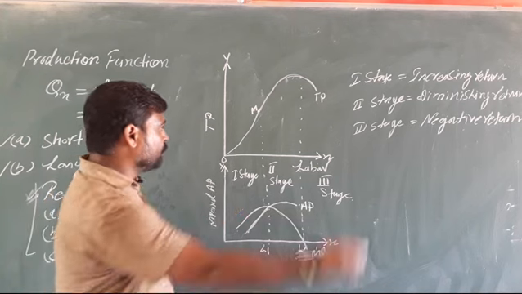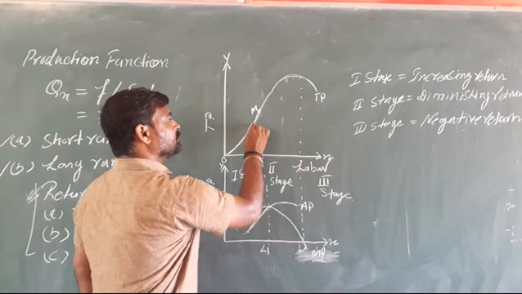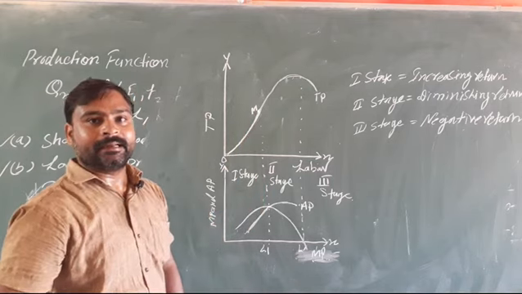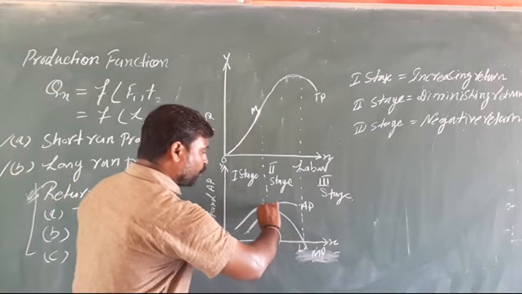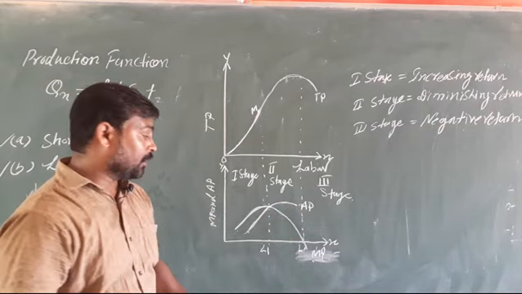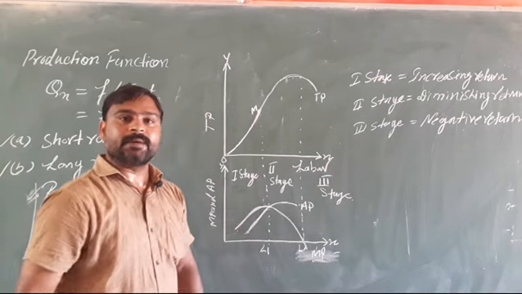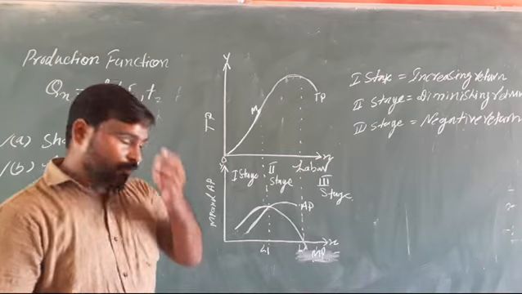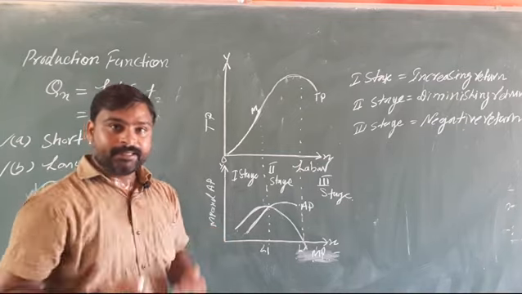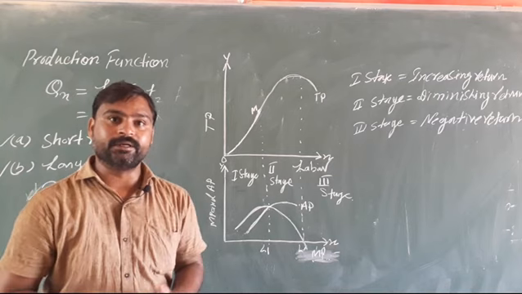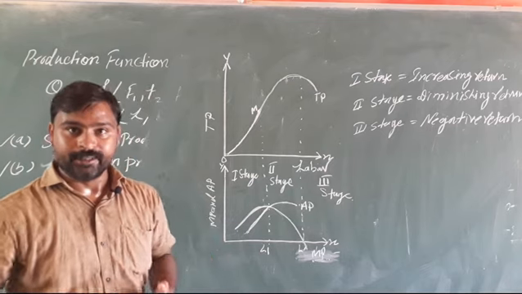Let's talk about the first stage. In the first stage, as we are seeing here, the return is increasing. Every increase in labor is increasing the total product at an increasing rate. The marginal product is also increasing, and the average product along with the marginal product also increases. So a rational producer would like to increase the labor to get the chance of more productivity.